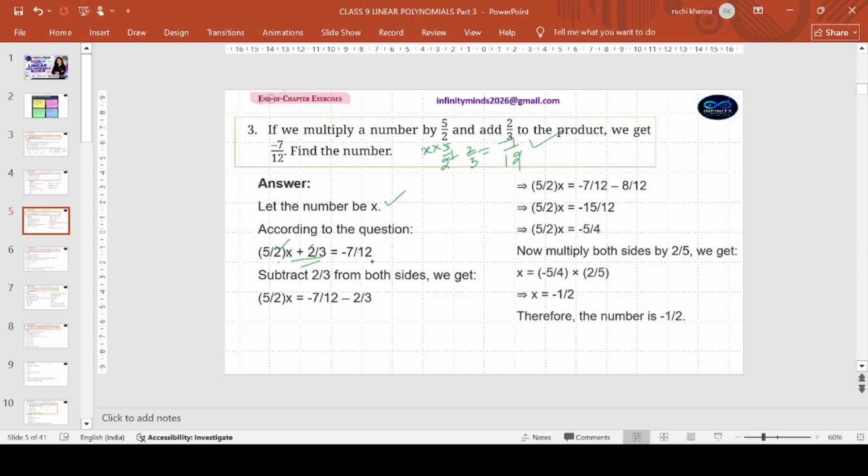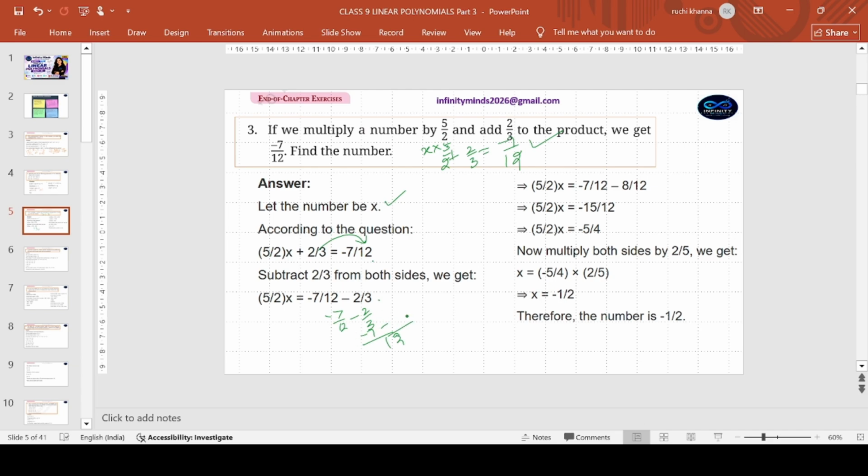So solve this equation now. How should one solve? The constant 2 by 3 will go to the other side and become minus 2 by 3. Minus 7 by 12 minus 2 by 3, children. LCM will come 12. It's minus 7.